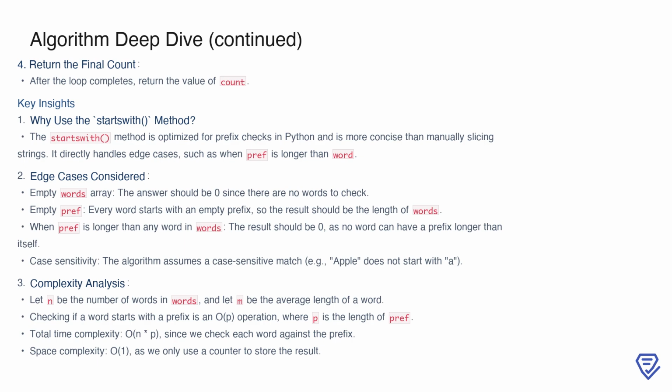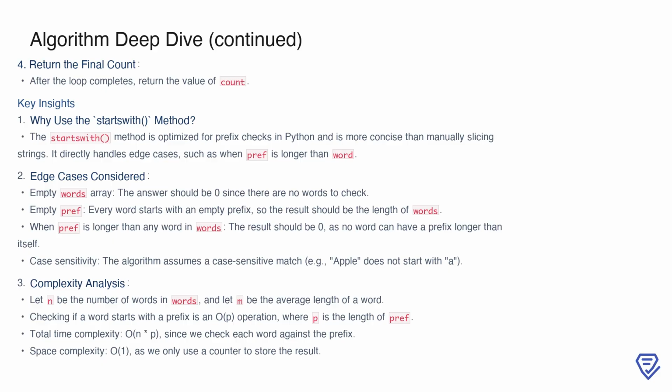If the prefix itself is empty, every word in the array is considered to start with it, so the result is simply the length of the words array. Additionally, if the prefix is longer than any word in the array, the result is 0, as no word can have such a prefix. Lastly, the algorithm assumes a case-sensitive match, meaning that uppercase and lowercase letters are treated as distinct.